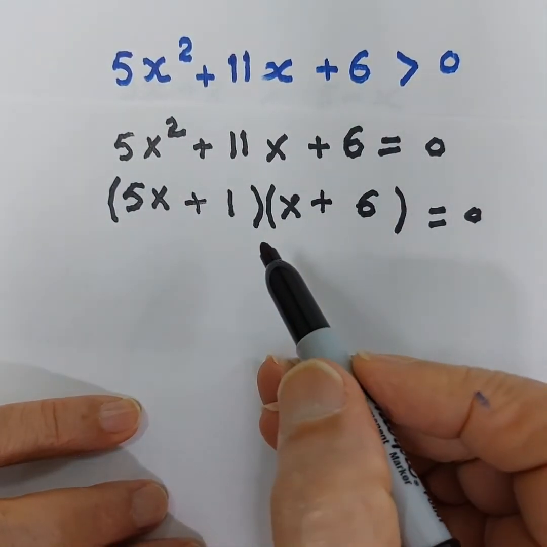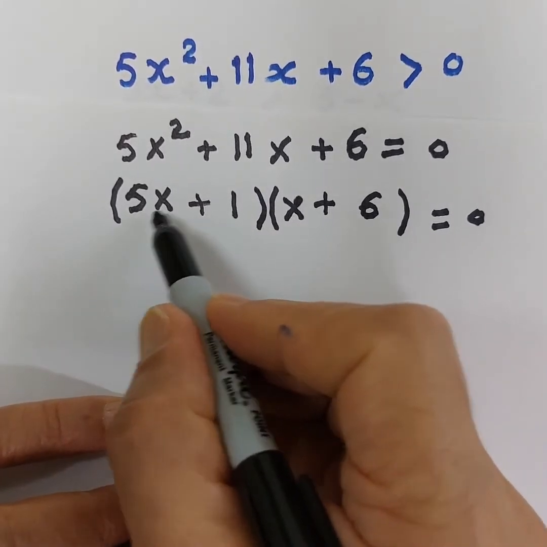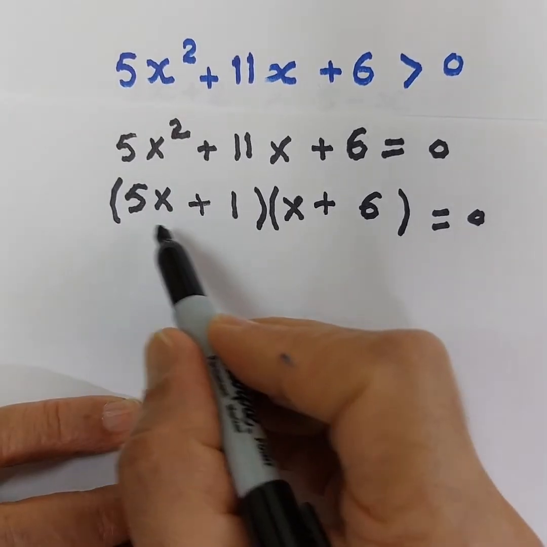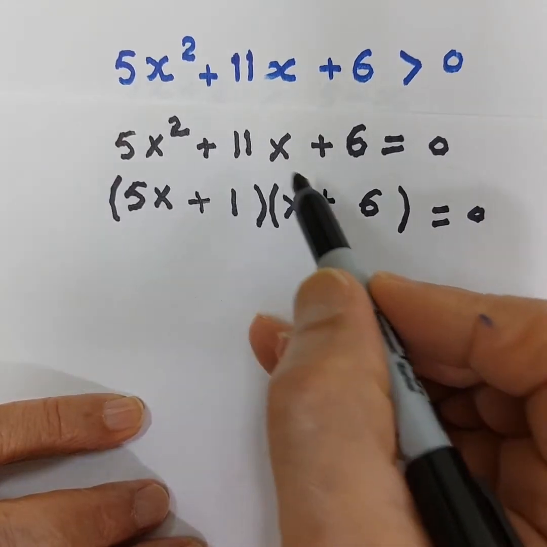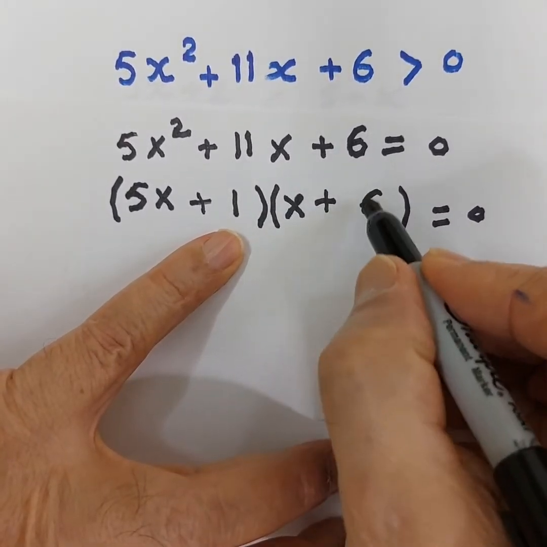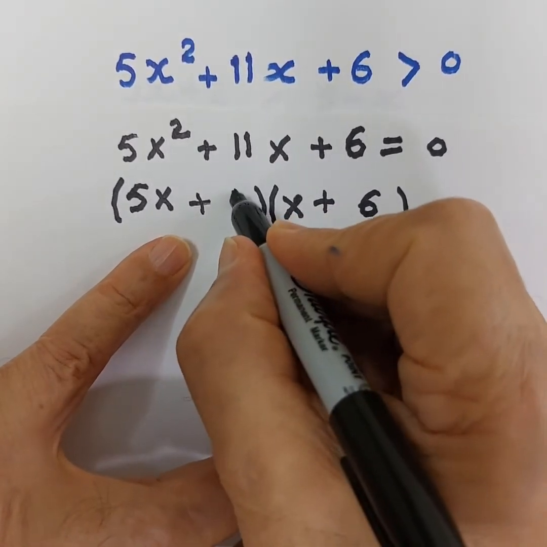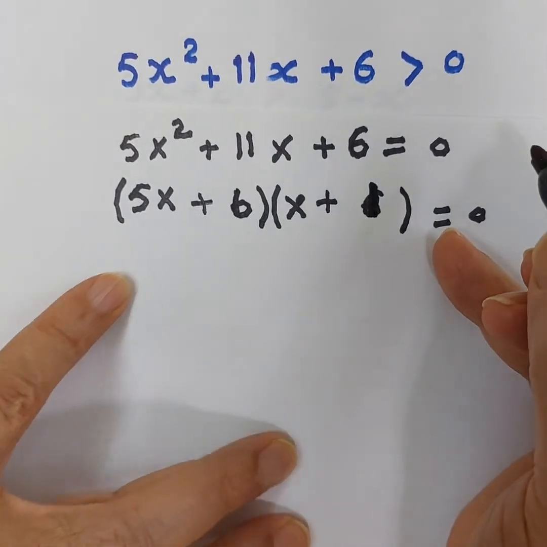Try to check if the answer is correct or not. 5x times 6, that means 30x. So the adding will give you 31x, which is not this number. So we have to change. We can write here 1 and here 6. If we write here 6 and here 1, again we will check the answer.